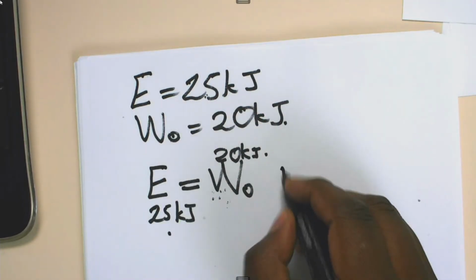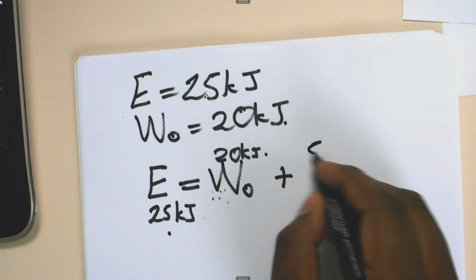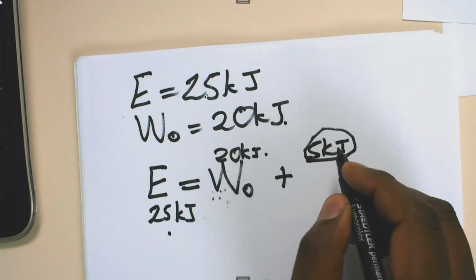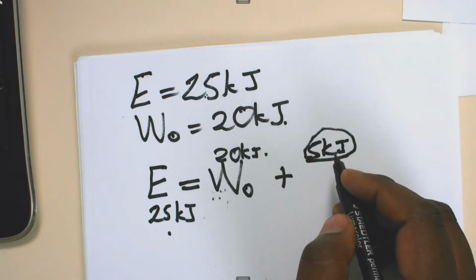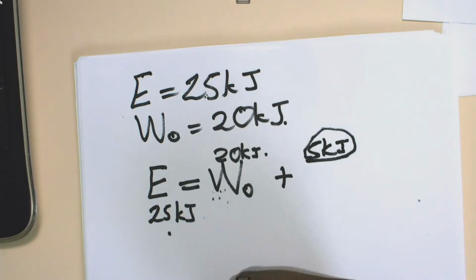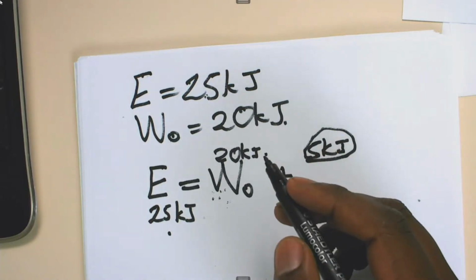And then the electron will be left with 5 kilojoules. This 5 kilojoules is the energy that the electron will use to move away from the surface of the metal.